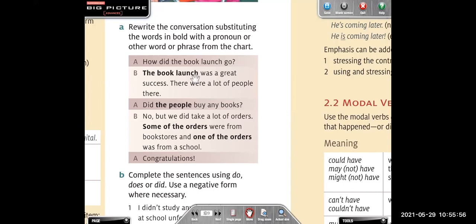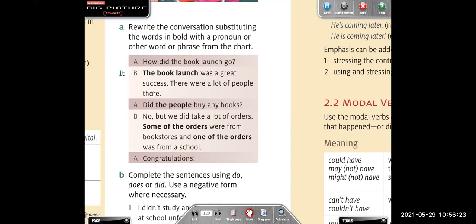How did the book launch go? The book launch was a great success. There were a lot of people there. How can we replace the book launch here? With it. We can use it, it was, right? Very good. It was a great success.